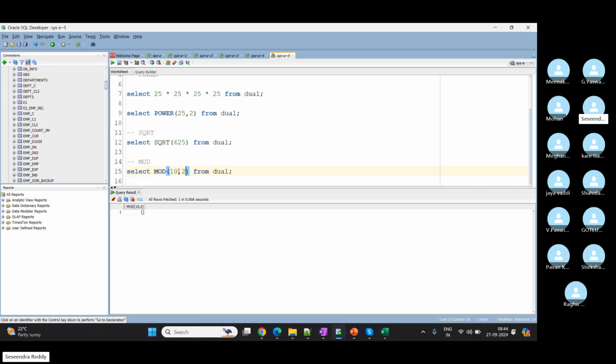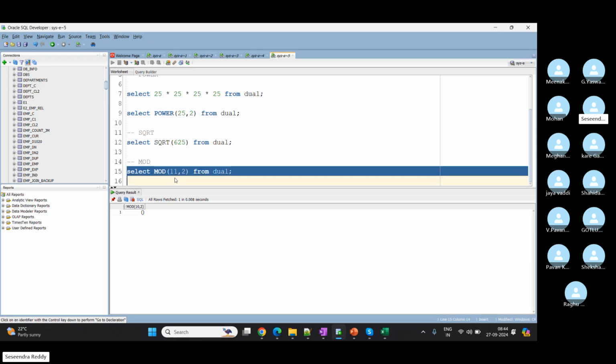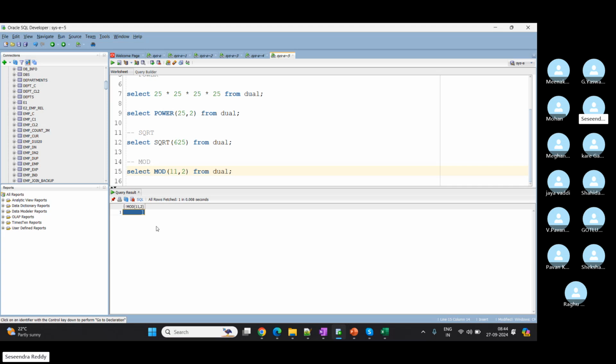Let's say if we divide 10 with 2, nothing is left, it got divided exactly. But if I divide 11 with 2, there is 1, the remaining value which is not able to divide absolutely.